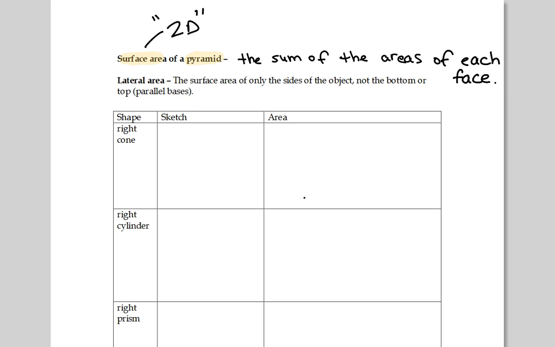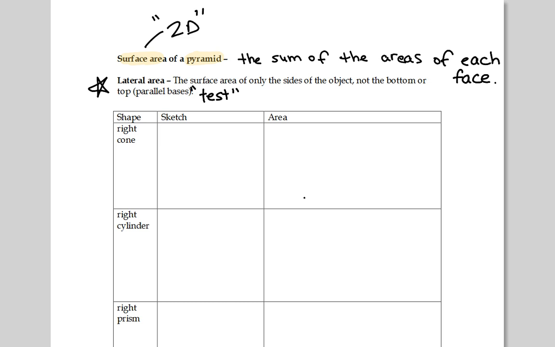This lateral area is going to show up on your test. They're going to use this word lateral area. I'm not sure why they care so much about this. You're going to need to just memorize that for this test and then forget about it.